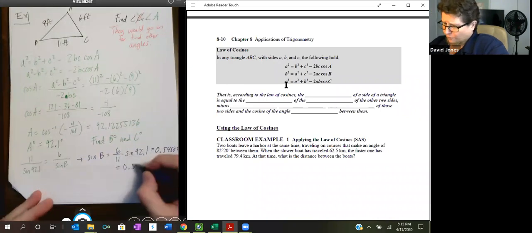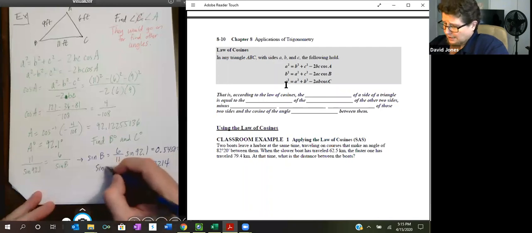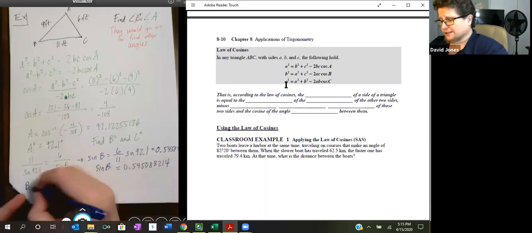That's 0.545088214. And we do find B with sine inverse.